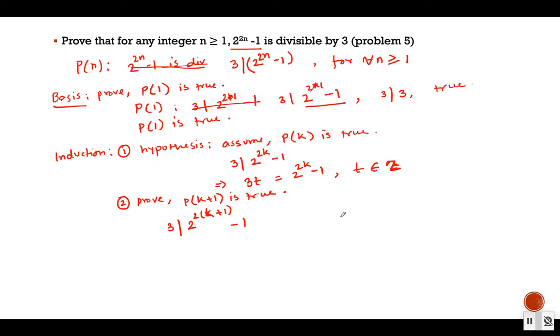So we have to prove that. Now let's actually work with this value.